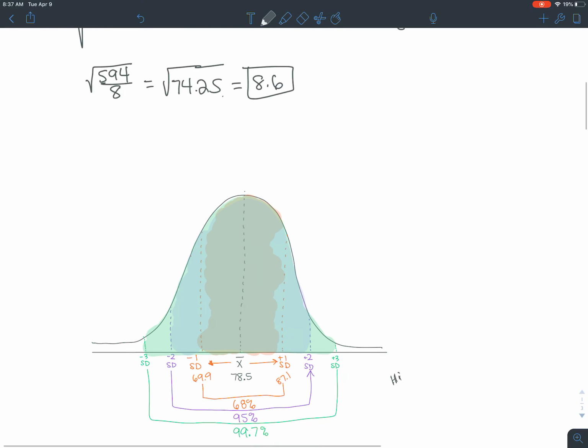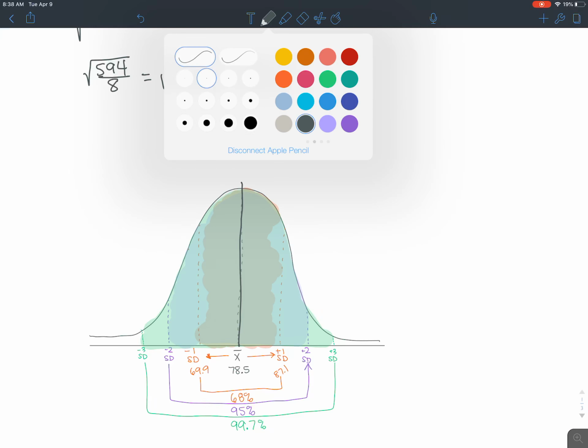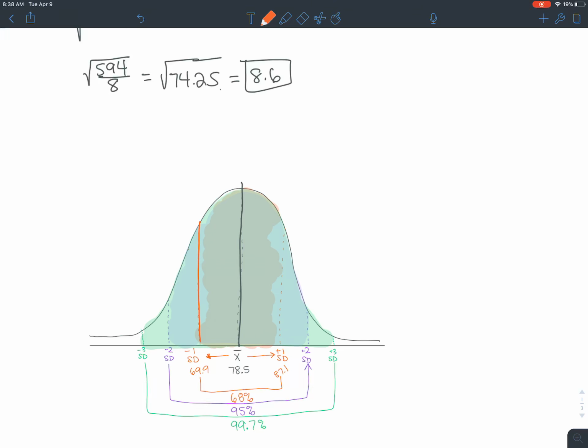Once you look at this bell curve, we have our mean right down the middle. Then we have one standard deviation to the left or to the right. The more numbers you have, the closer this will be to 68%.